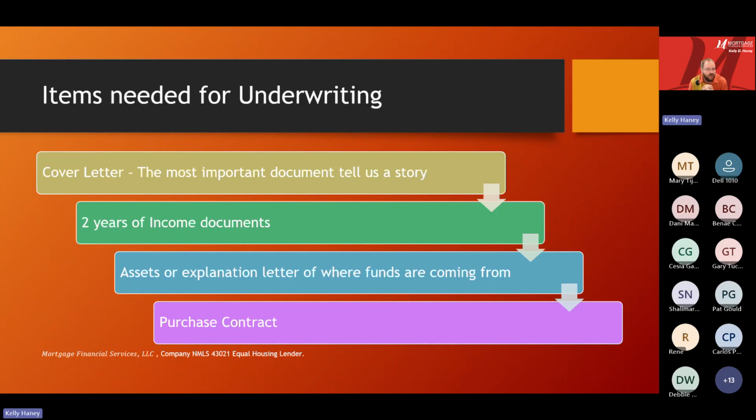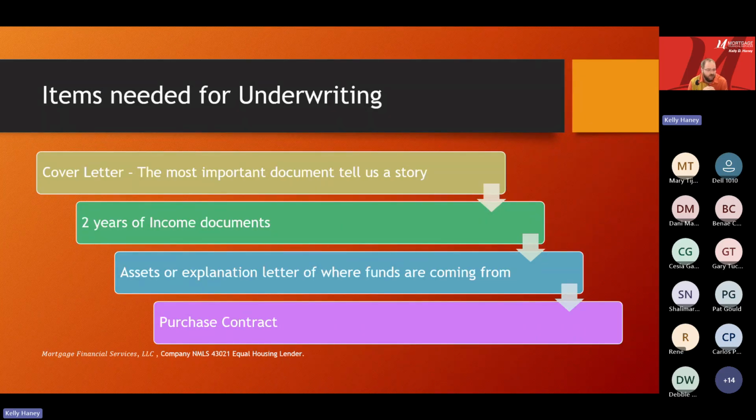Tell us the story of the file. This is a conventional purchase, 20% down. Let us know what the story is. If there's anything unique about the file, they're getting a gift, they're transferring, tell us the story so that the underwriters are not having to go on a scavenger hunt to understand the basis and the blueprint of the file.